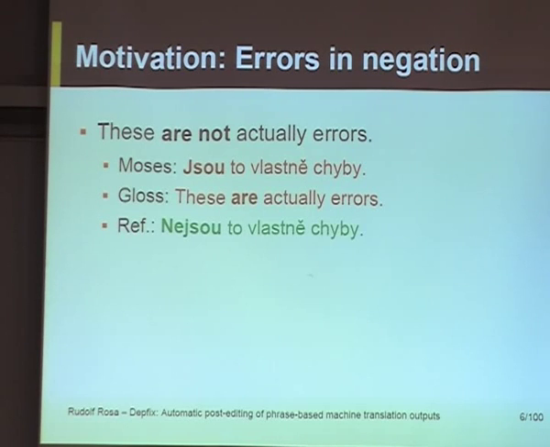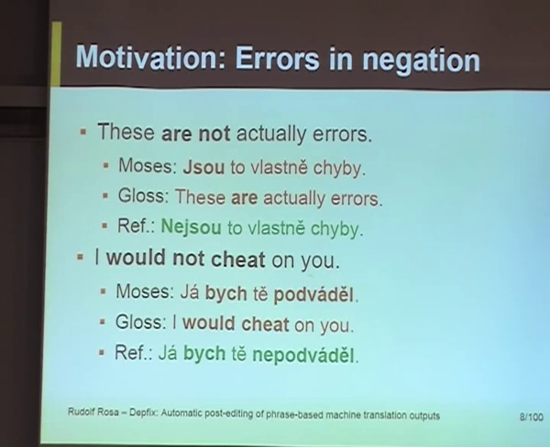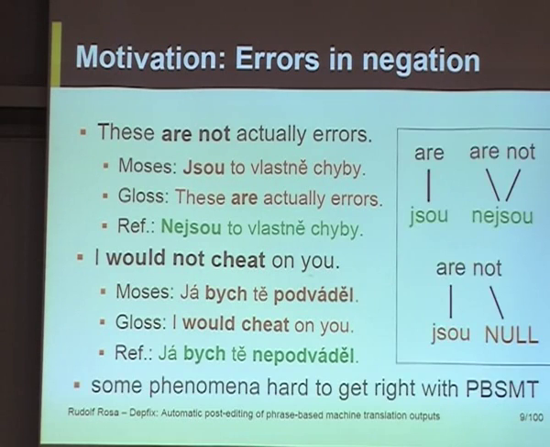Whereas the correct form would be nejsou, or I would not cheat on you is a sentence that gets translated as já bych tě podváděl, or I would cheat on you. So I think we can see that it would be nice to be able to avoid such errors, because they might be quite serious.